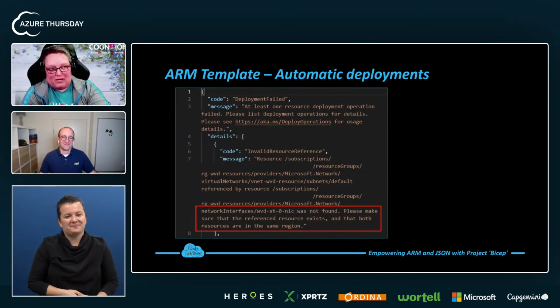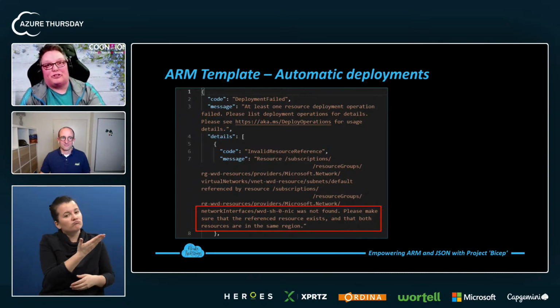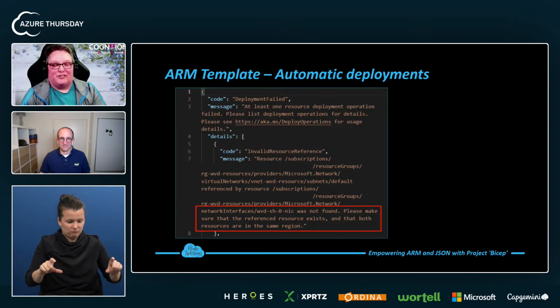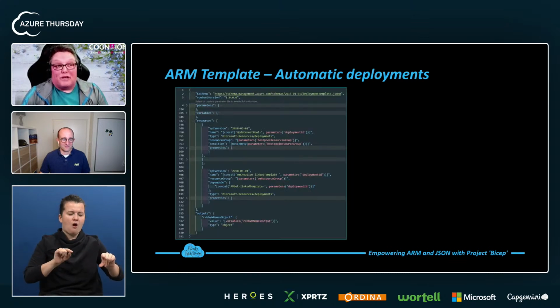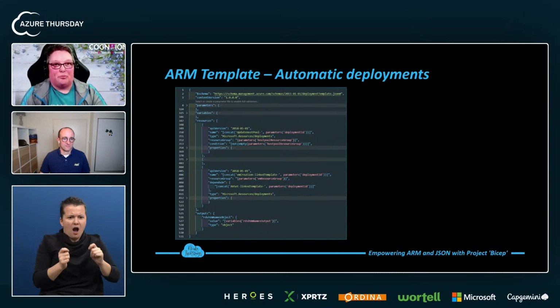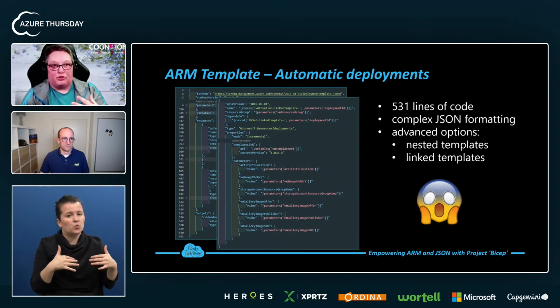So even diving into the error messages that clearly state what the error was, I still felt a bit overwhelmed, to be honest, because if you really look at an ARM template, it's first of all a lot of lines of code to go through.